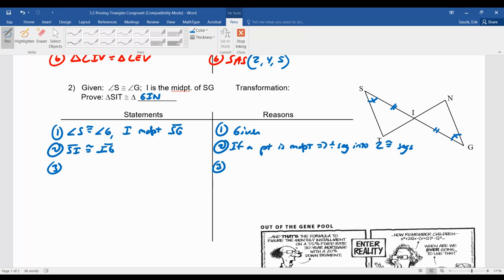So we then have 2 things, right? We have a pair of angles, we have a pair of sides, and you realize we need to have another correspondence. And I'm thinking most of you probably have dealt with this before. This angle here is going to be congruent to that angle there. Lines that intersect, the angles that are across from each other, across from the intersection, they are called vertical angles.